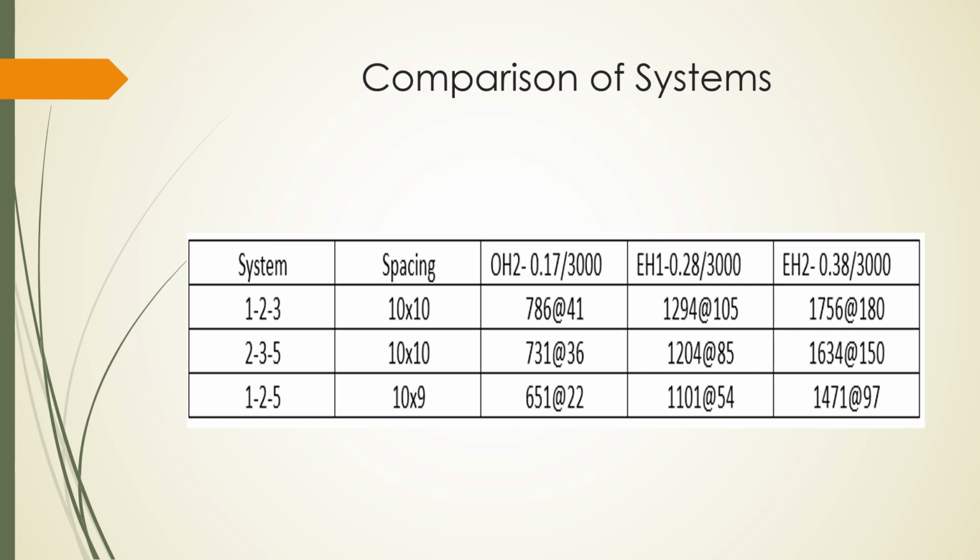This concept of OH2, EH1, and EH2, which I'm going to discuss in an upcoming video: OH2 would be a moderate combustible type occupancy, a machine shop, something of that sort.